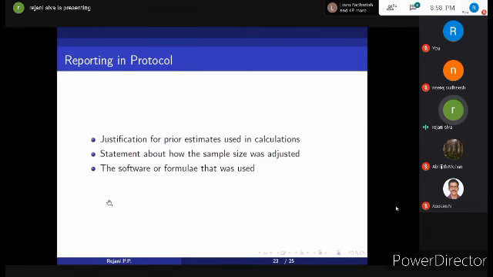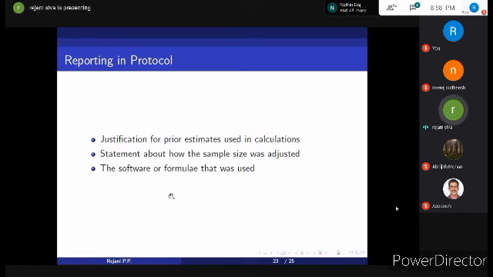And how to report the sample size in your protocol. The important thing is the justification for prior estimates, where you can give the references from which the parameters are taken. If you are studying the prevalence of a disease, you can fix the prevalence, and the fixed value may be obtained from previous articles or a literature survey.